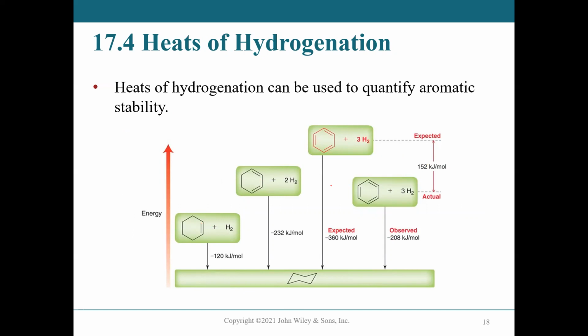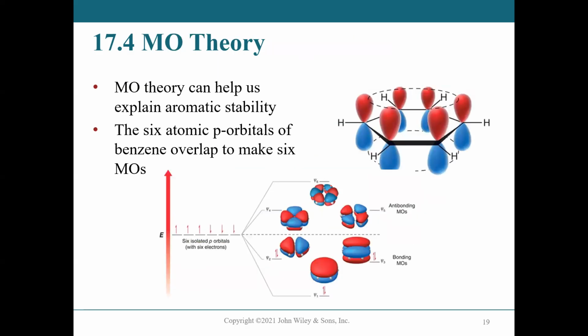And that's aromatic stability. And they say they can explain this by molecular orbital theory. So we have 6 pi electrons, right? Each double bond is 2, 2, and 2. So we have 6 pi electrons.